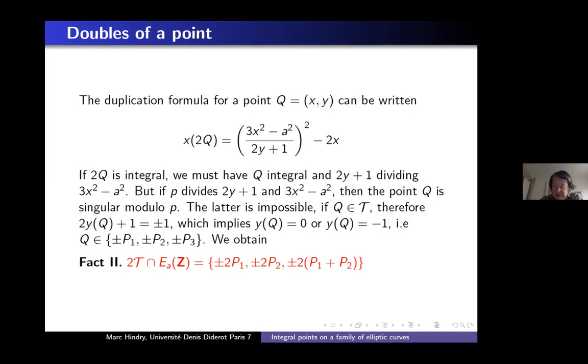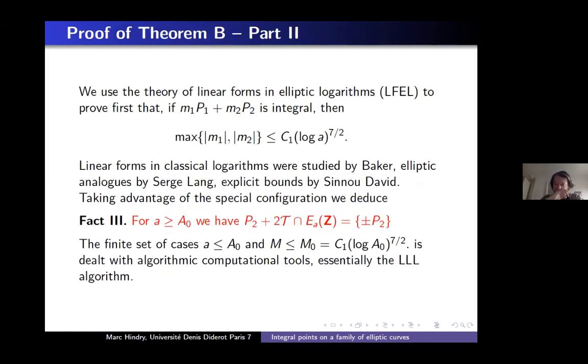Now I have used all my time, so I will just mention that to prove the remaining case is much more complicated. We didn't find any simple argument like this. So we use the theory of elliptic logarithms and linear forms in elliptic logarithms.